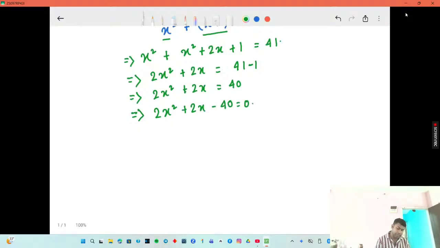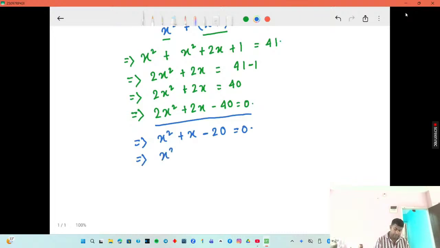Here you can see that this whole equation is divisible by 2. Is it clear? So if I divide this whole equation by 2, then we will get x square plus x minus 20 is equal to 0.